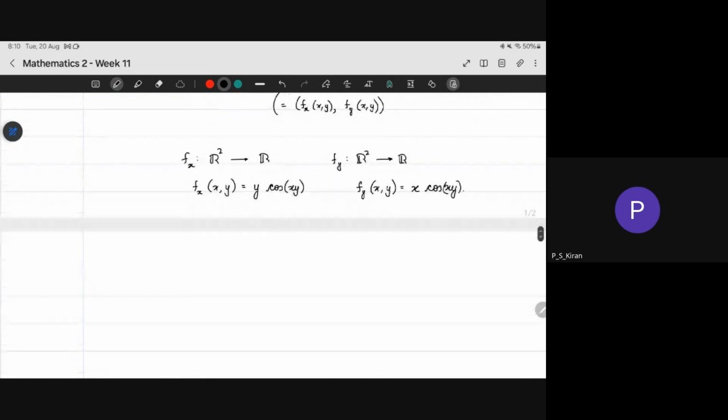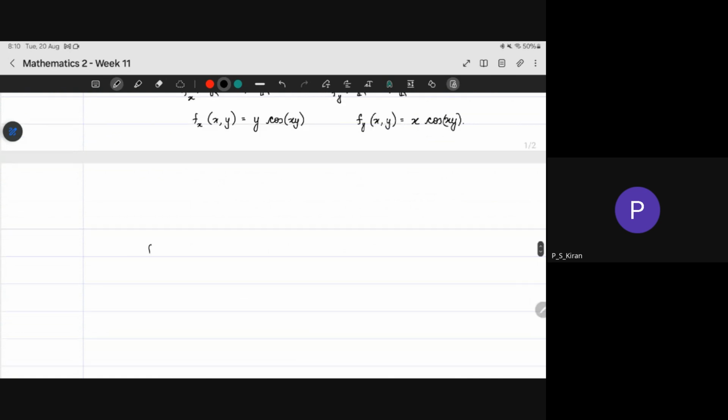If I just give you the functions y cos xy and x cos xy, you know how to take partial derivatives and directional derivatives and so on. So we can do the same partial derivative business for these functions f_x and f_y.